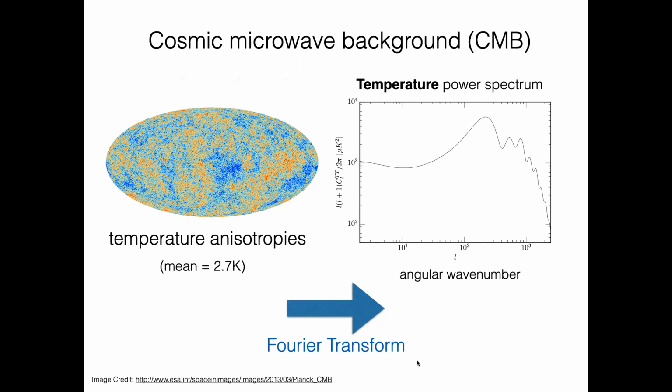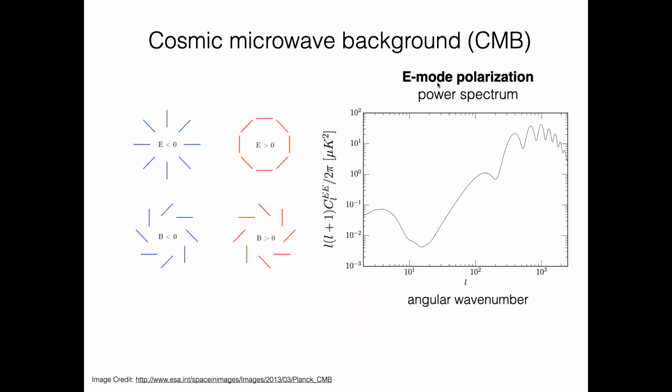It's not exactly a Fourier transform, it's a spherical harmonic transform on the spherical sky, but it gives us the temperature power spectrum as a function of the angular wave number, or multipole l here. So this is the observable in the CMB.